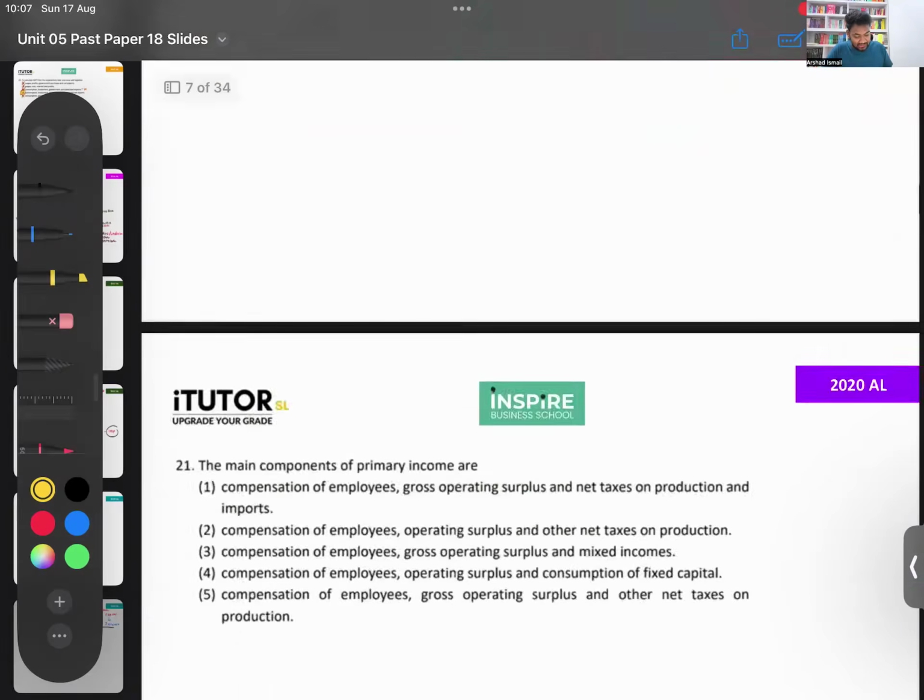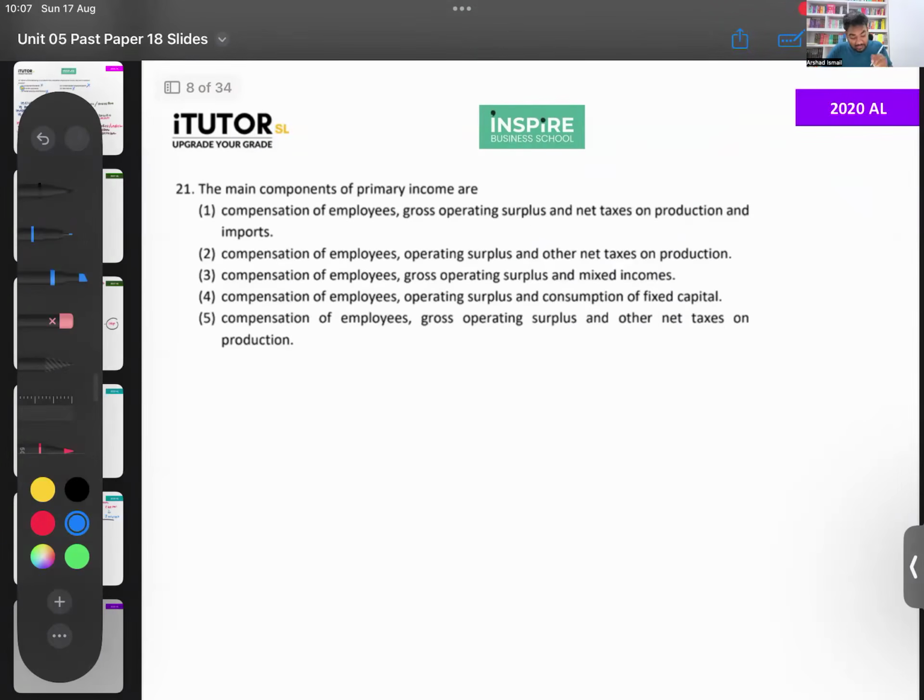That's 2019. Then 2020. The main components of primary income. The components of primary income are the same as the components of what? Income approach calculating GDP with a small change. Let me show you the change. The primary income components are now income approach. How do you calculate GDP? You have compensation of employees. You have gross operating surplus.